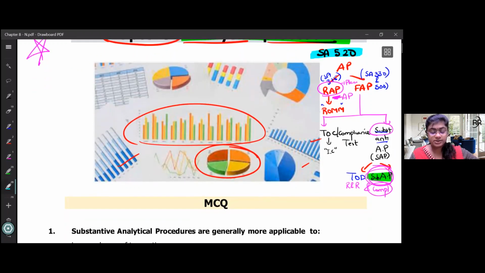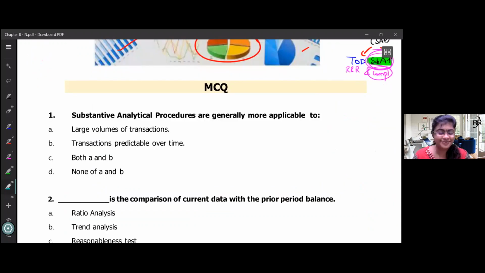So first, starting with the MCQs, usual procedure.